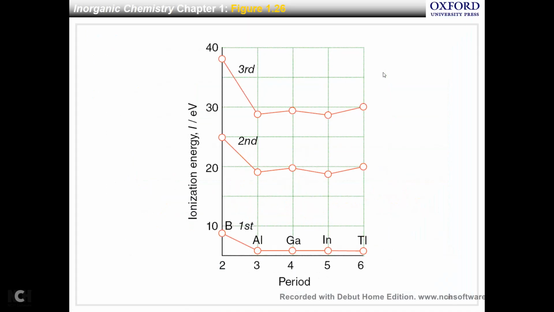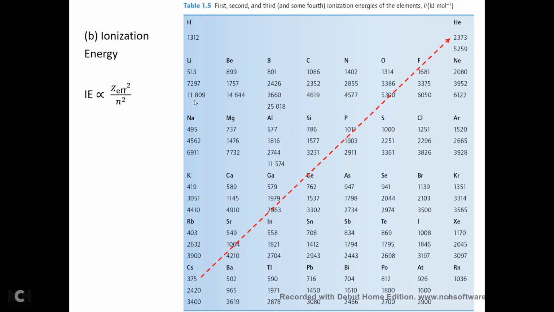Okay. Now more ionization energy. So this is the boron period, and you have the second ionization energy, the third ionization energy, in electron volts rather than kilojoules per mole. So let's talk about this first, second, third ionization energy using the previous table. If you look at lithium, this is the first ionization energy.